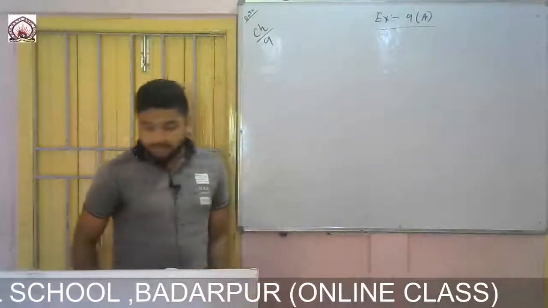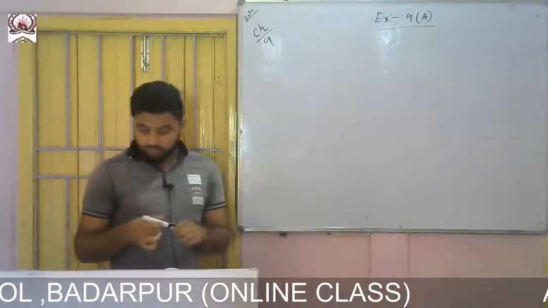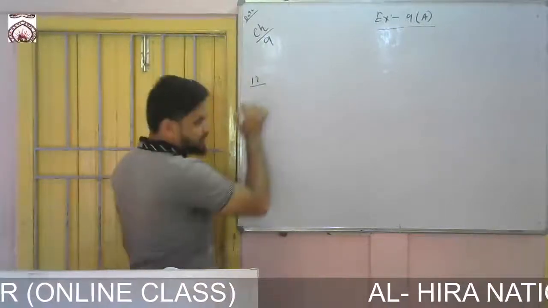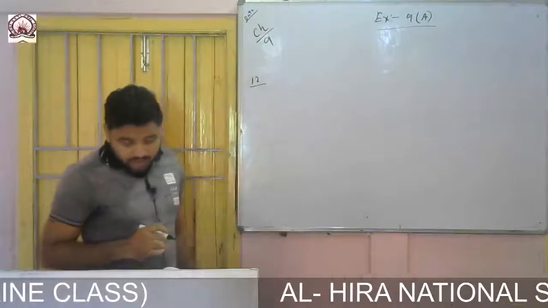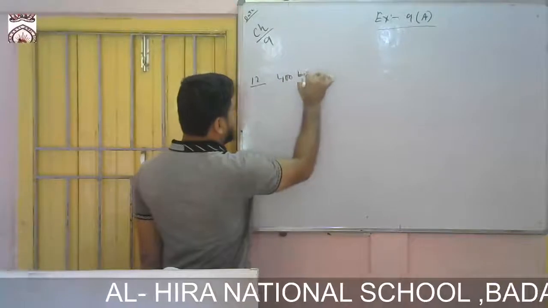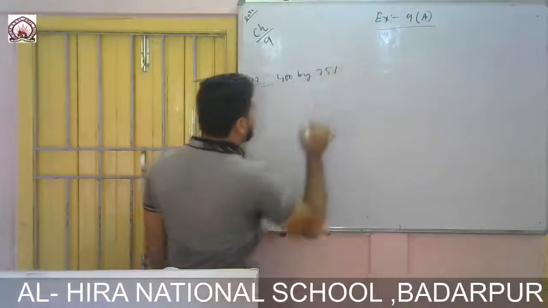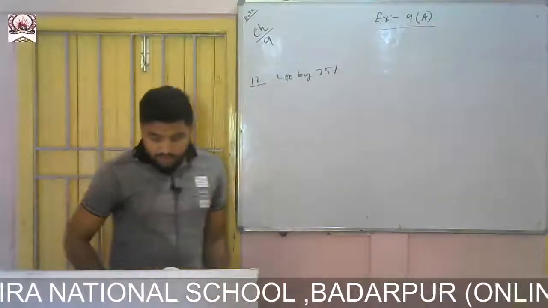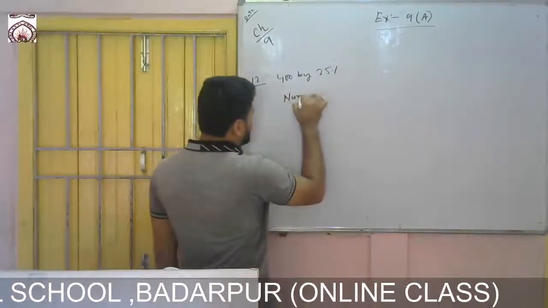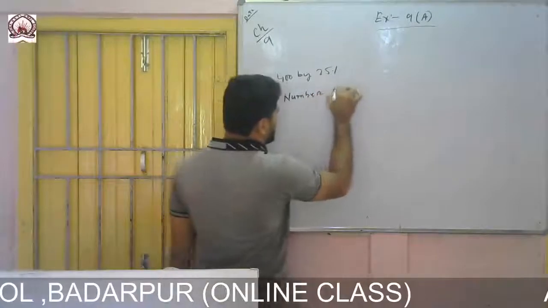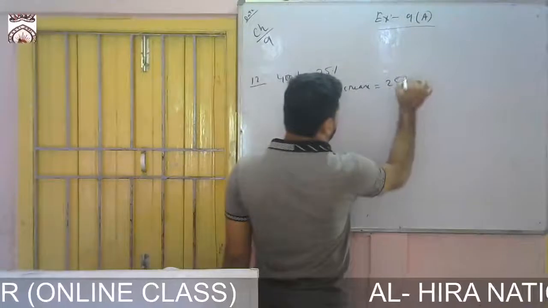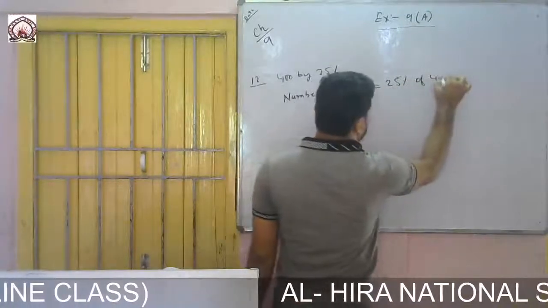Question number 12: 400 decreased by 25%. The number decrease will be 25% of 400.